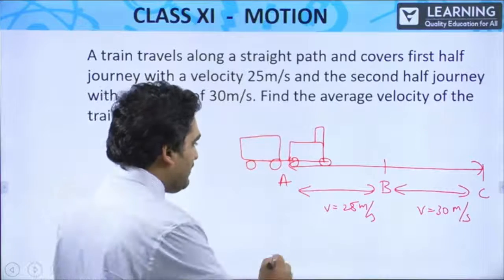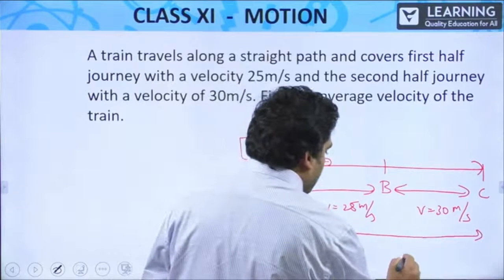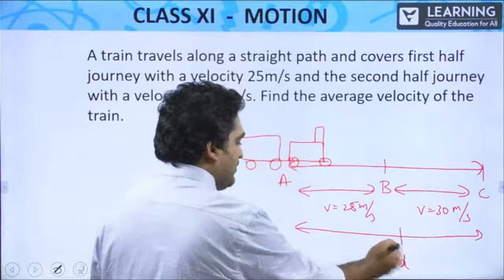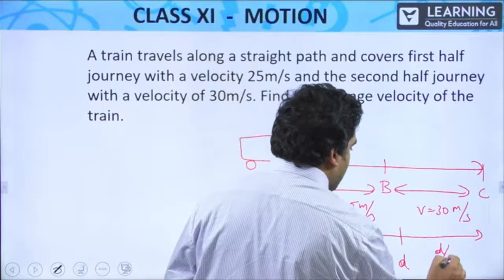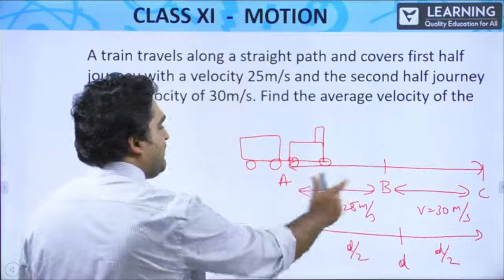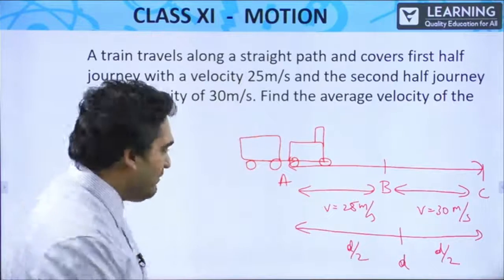Now, remember the total distance, we will assume it to be D. He covers half the distance, so half the distance would be D by 2. So what will be the distance from A to B? Distance from A to B will be D by 2.